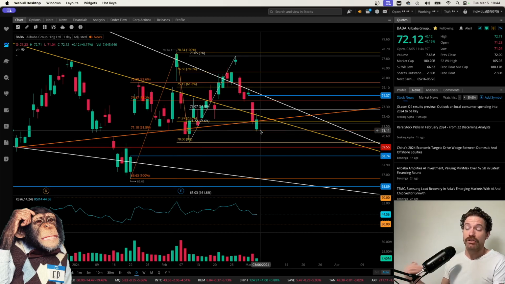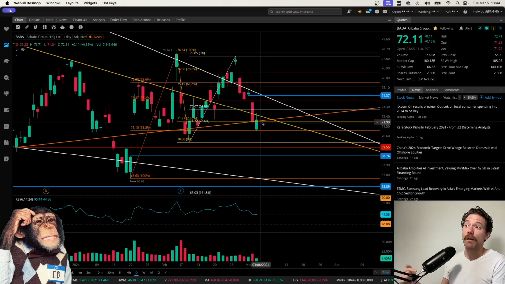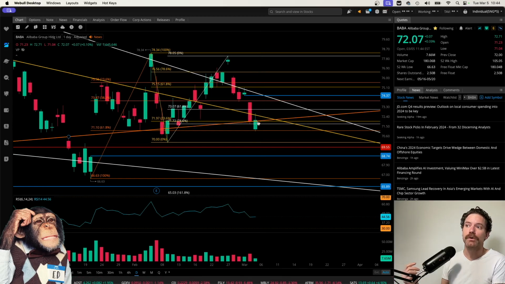So do look for, if we get a close below $72, that doesn't seem too bullish. It doesn't seem to me like we have hit the bottom. But if we can get a close at or above $72, then I think we could start to see some up moves and also just really testing this orange uptrending level.